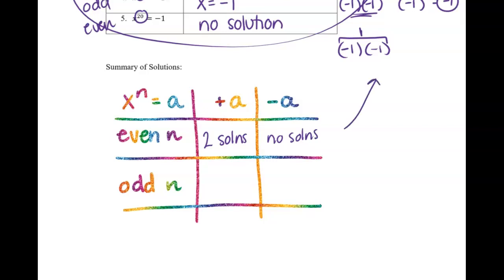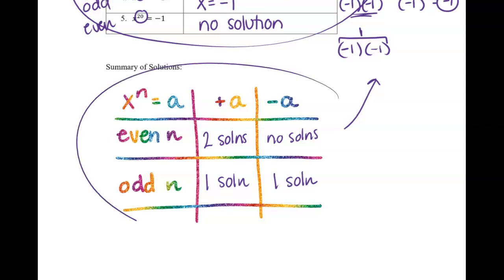If you have an odd power and a positive answer, you have 1 solution, and if you have an odd power and a negative answer, you also have 1 solution. So again, you're welcome to use this table, or you could just think through the answers, whatever makes the most sense to you.